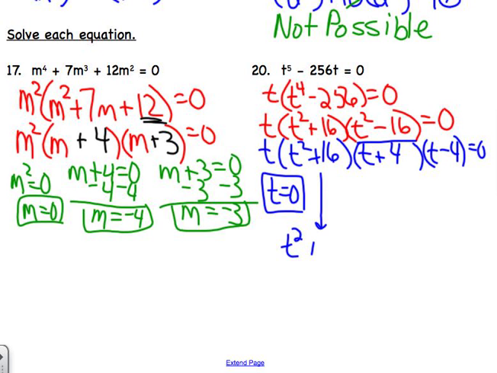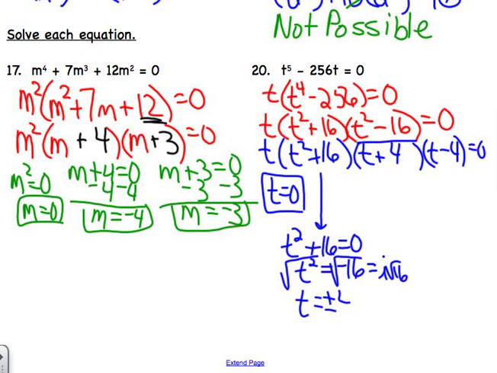T squared plus 16 equals 0, so t squared equals negative 16. When you take the square root, you are going to get two answers. It's plus or minus. The square root of negative 16, remember, is i times the square root of 16, which is the same as plus or minus 4i.